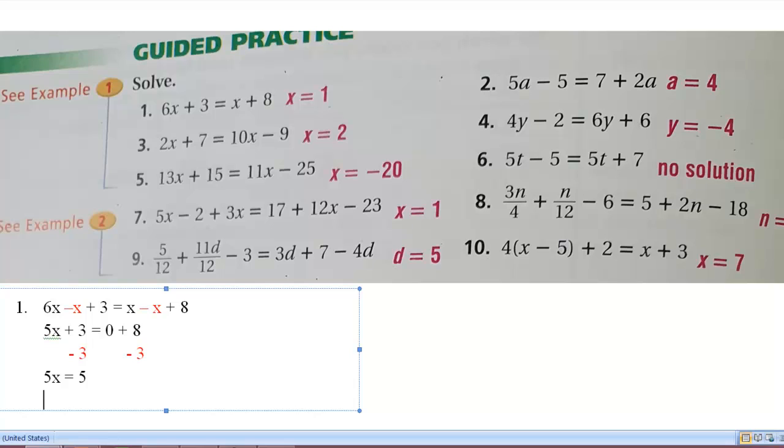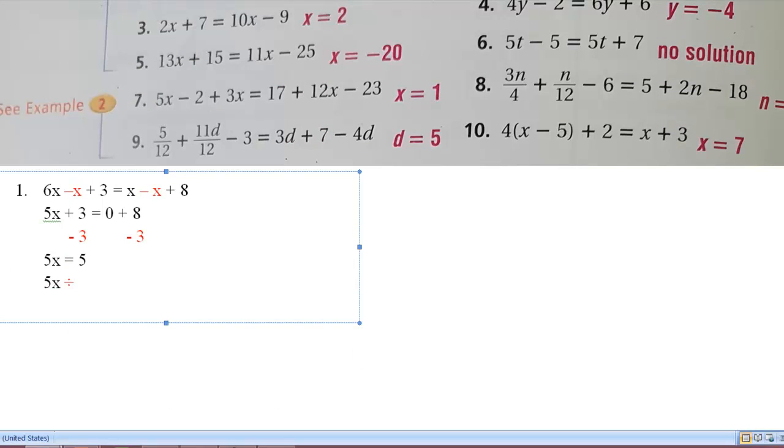What is the relation between the 5 here and the 5 here? It's multiplying, so we will divide both sides by 5. So 5x divided by 5 equals 5 divided by 5, and as a result x equals 1.